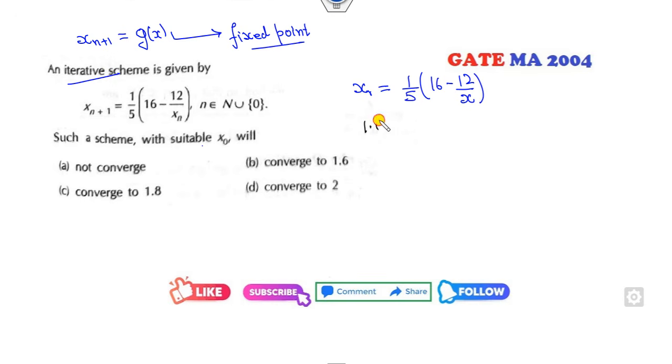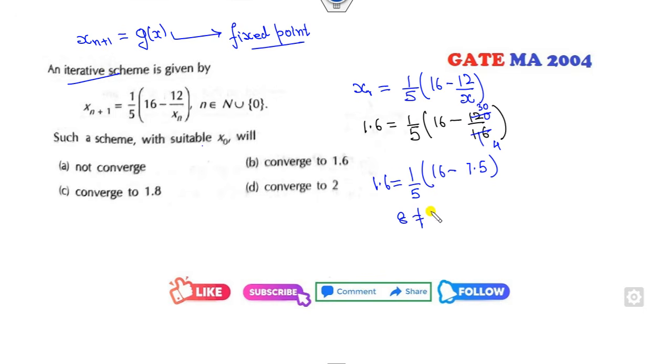1.6. Check whether 1.6 satisfies the equation. 16 minus 1.6... so it will be 7.5 into 1 over 5 is 1.6. So clearly 8 is not equal to 16 minus. So the first option is cancelled because this is not the fixed point.